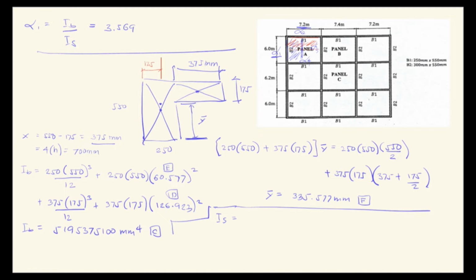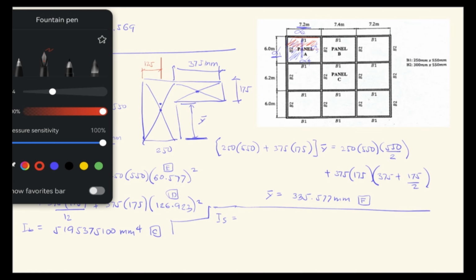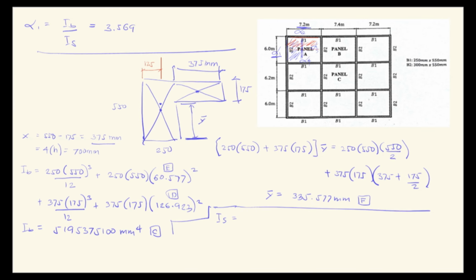mm. Okay, so then the effective width of the slab to be considered in determining IS would be 3,000 plus 125, 3125 times 175 cubed divided by 12.